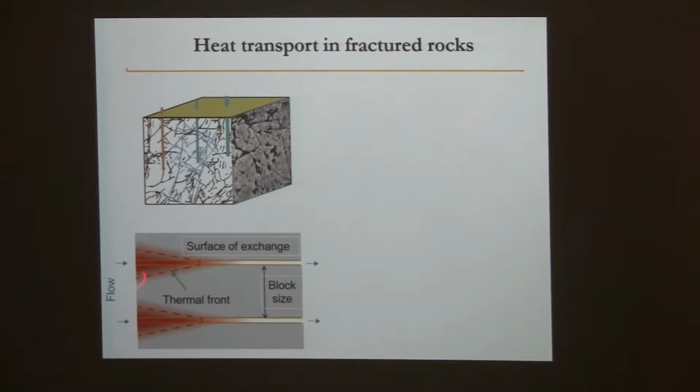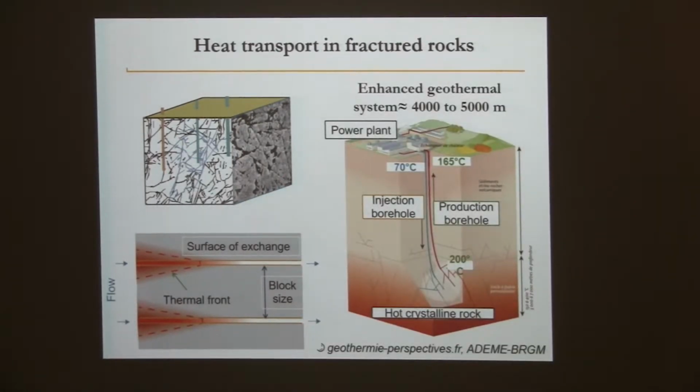The problem is that we can look at it relatively easily in some simple model with regular fracture size, for instance, but in a natural system such as this one, this may be much more difficult to assess.